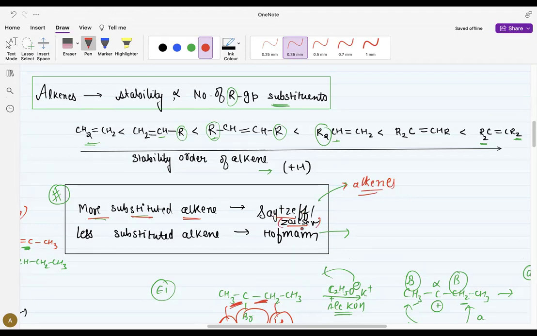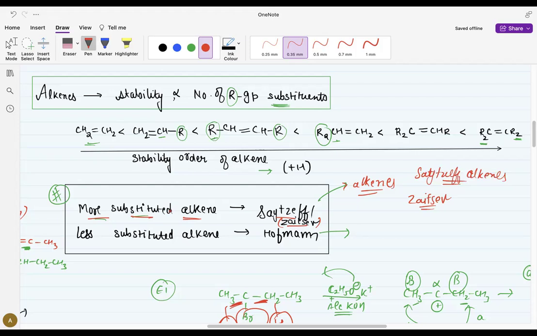Or in other words, it is known as Zaitsev, sometimes written Zaitsevs also, but it is known as Saytzeff alkenes.